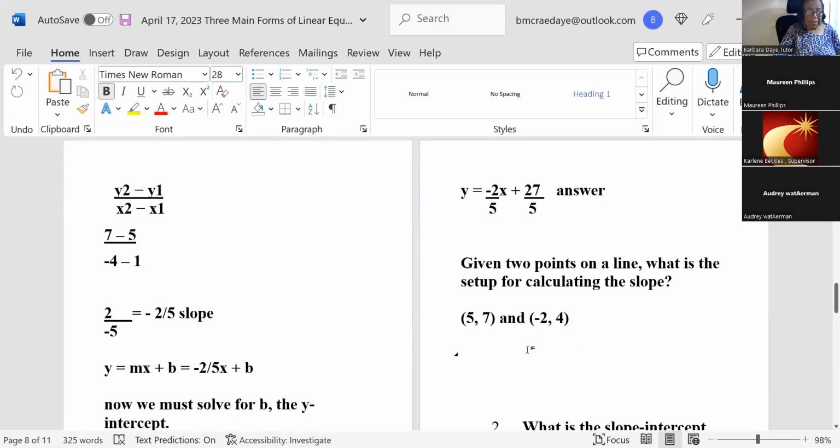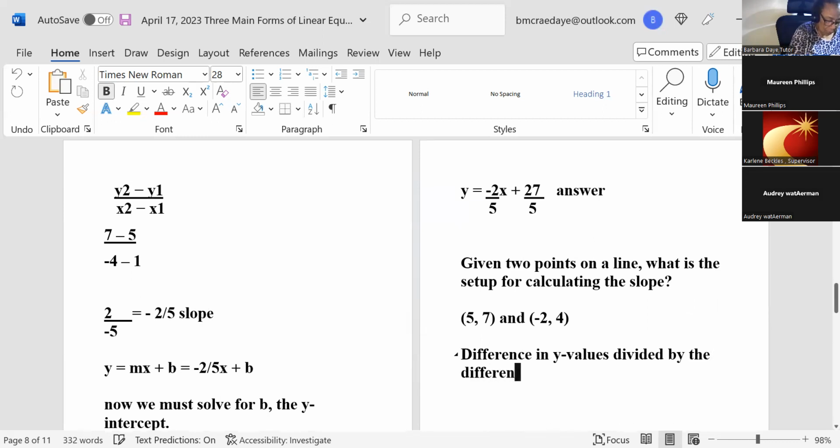Sometimes that's called, okay, let me just put, difference in y values divided by the difference in x values. Okay, so it's a division, right?